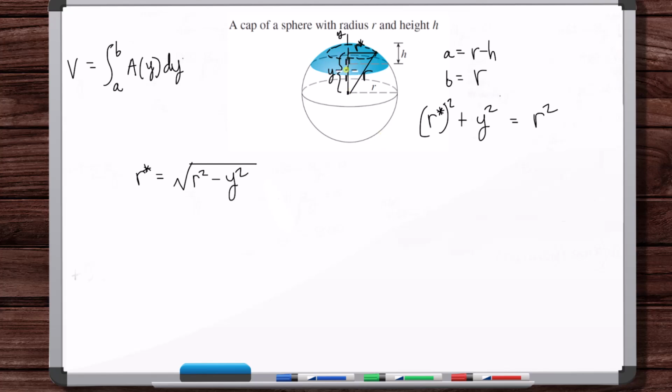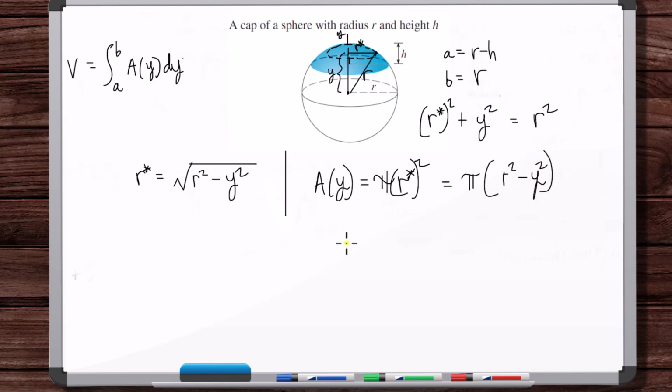For any position y, going from r minus h to r, if you want the radius of that cross section, just take the radius of the sphere, square it, and subtract y squared. Okay, so with that, A of y is equal to pi R star squared, which is pi times r squared minus y squared. And so there we go.